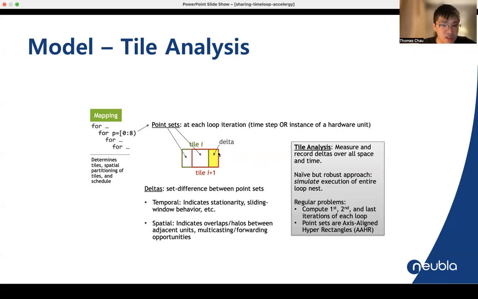The delta indicates the set difference between point sets. In the temporal case, the delta can indicate stationary and sliding window behavior and so forth. In the spatial case, delta indicates overlapping between adjacent units or describes multicasting and forwarding opportunities.